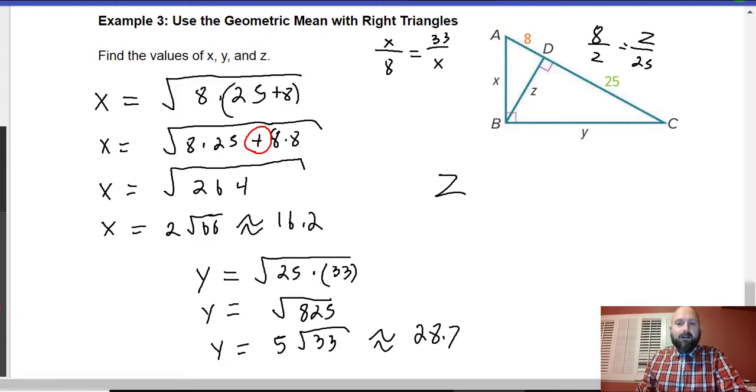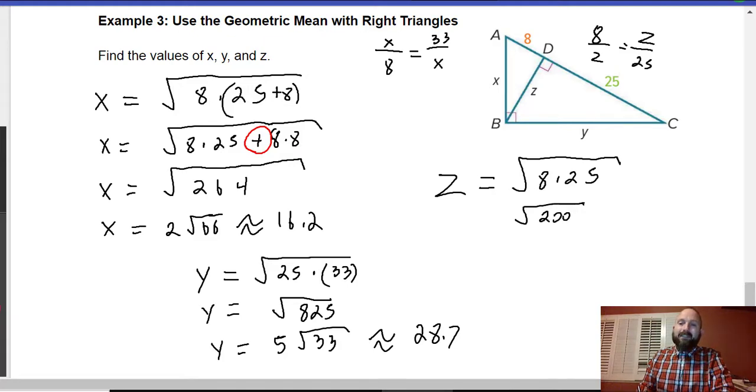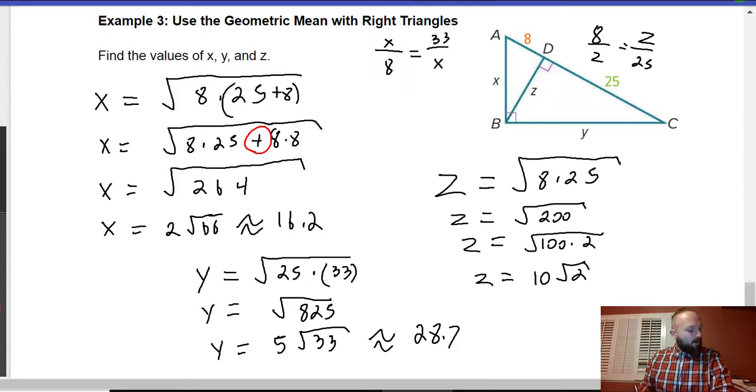If we did our cross product and then square root, we get z is equal to the square root of 8 times 25. 8 times 25 is 200. So z is equal to the square root of 200. I can break this up into the square root of 100 times 2, or z is equal to 10 radical 2.